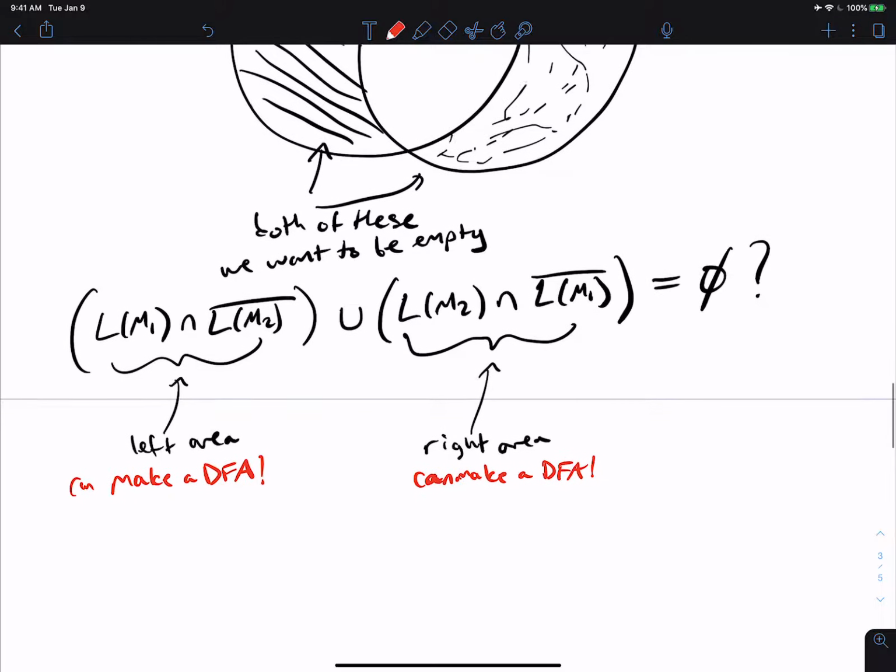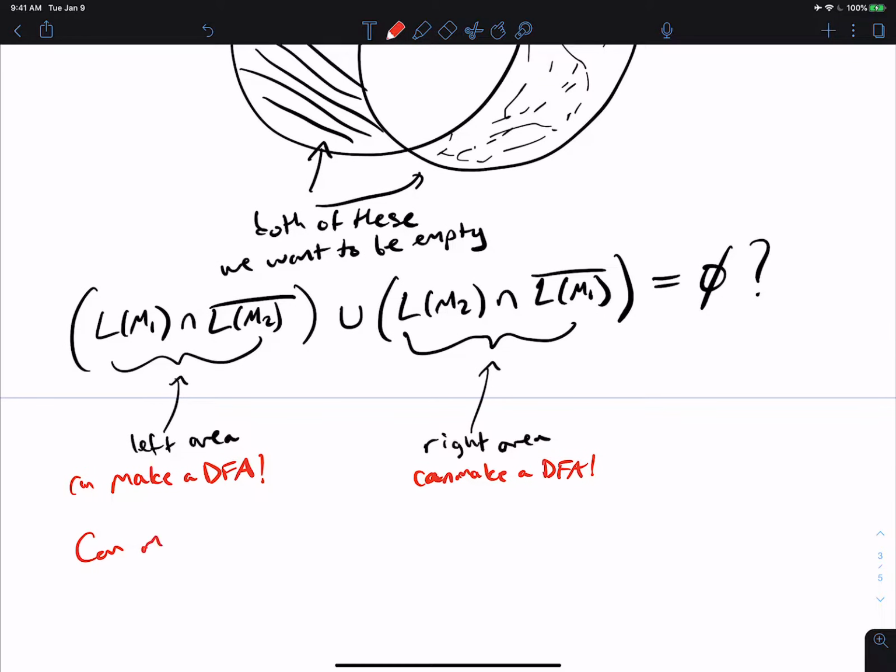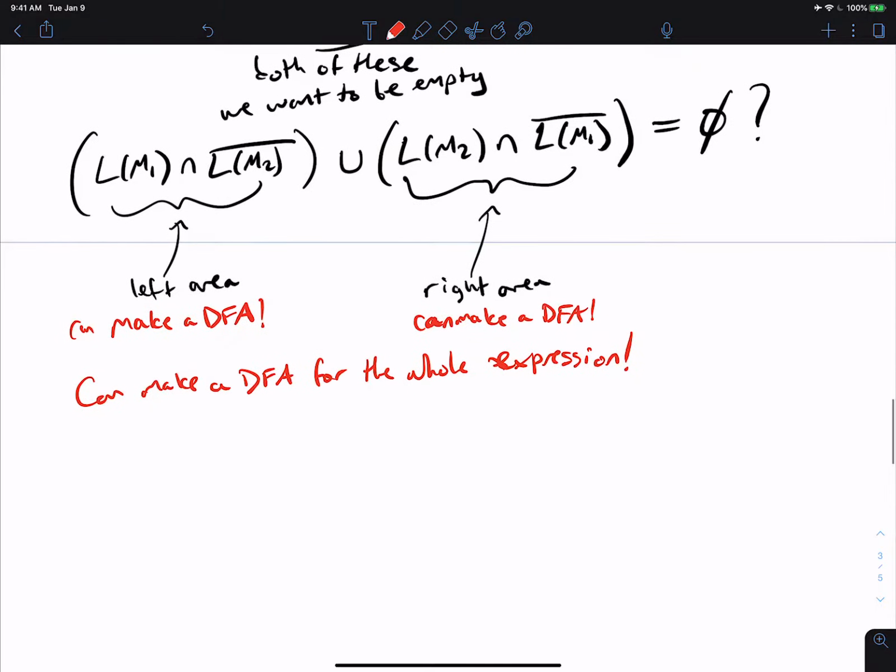And we can make a DFA for the whole expression, because there's a union of two regular languages in the middle. And let's just call the resulting DFA R.